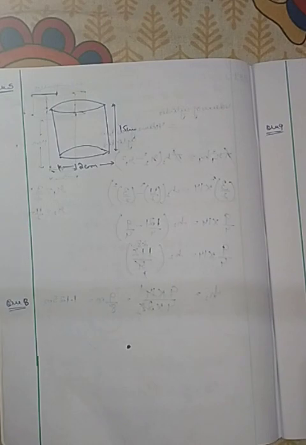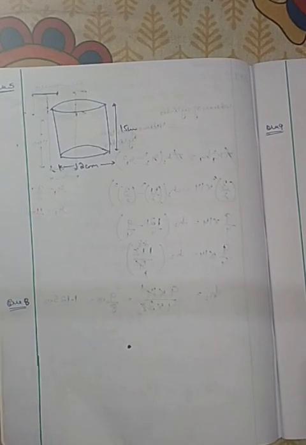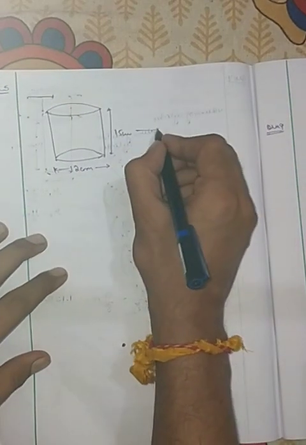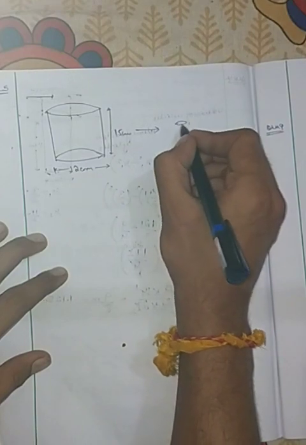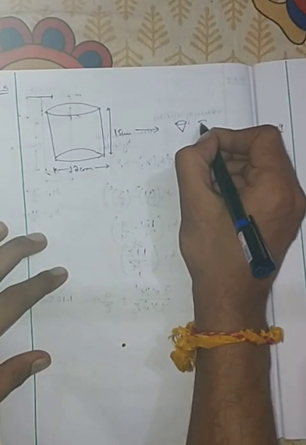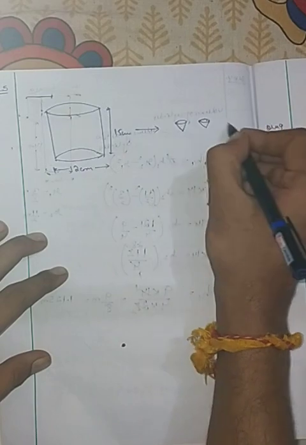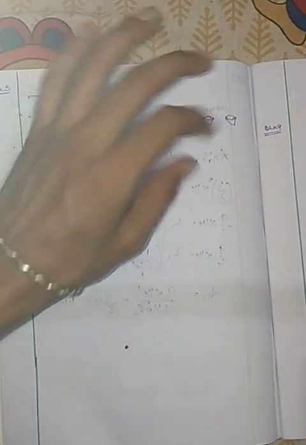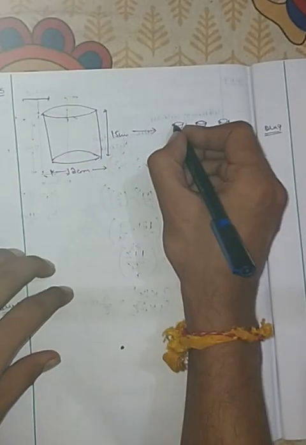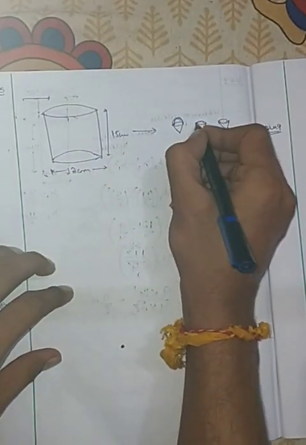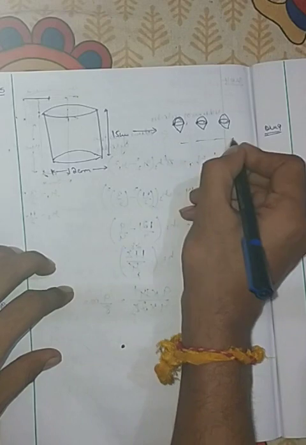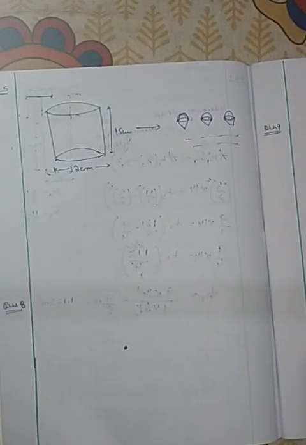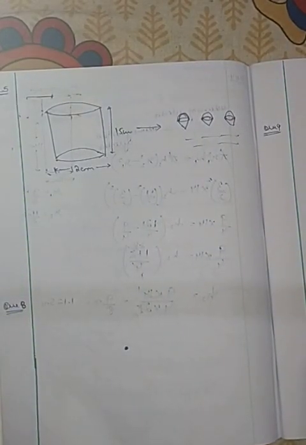This container contains ice cream, and this ice cream is to be filled in various numbers of cones like this. The ice cream is to be filled in the cone with a hemispherical shaped top, like this. So there are many cones that will be formed. We have to find the number of cones in which the ice cream can be filled.